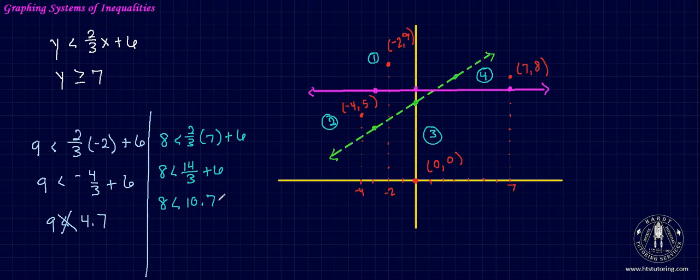So 8 is less than 10.7. That is correct. Now let's check the other one. We have 8 is greater than or equal to 7. That is also correct. So the solution to this system of inequalities is going to be that we shade in everything in this region. That is the solution to the system of inequalities, because none of these other regions work, but every single coordinate in region 4 will satisfy both of these inequalities, therefore making that the solution.